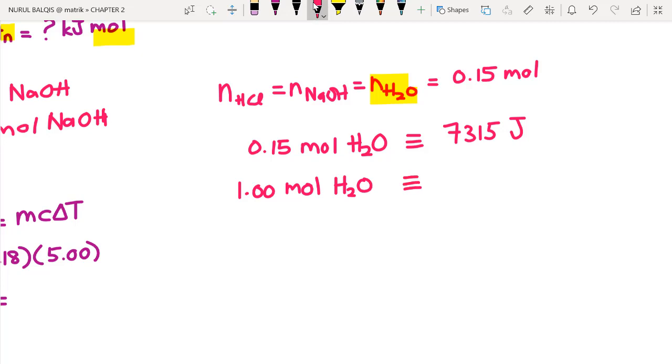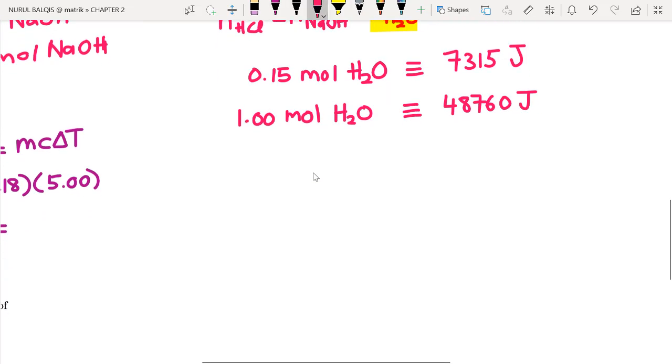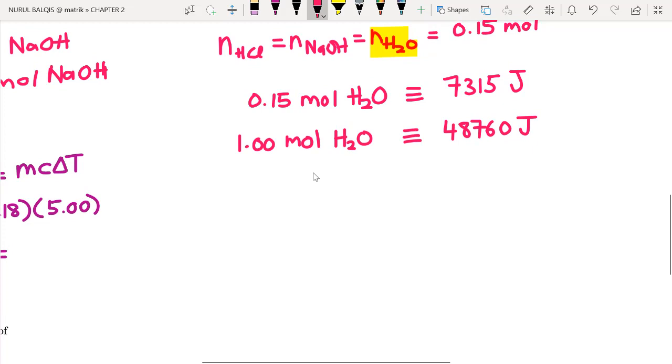So if we cross multiply this value, we're going to get an enthalpy of neutralization of 48760 joule. Okay, since enthalpy of neutralization is usually expressed as kilojoule per mole, now we're going to change this to kilojoules. So 1, 2, 3.